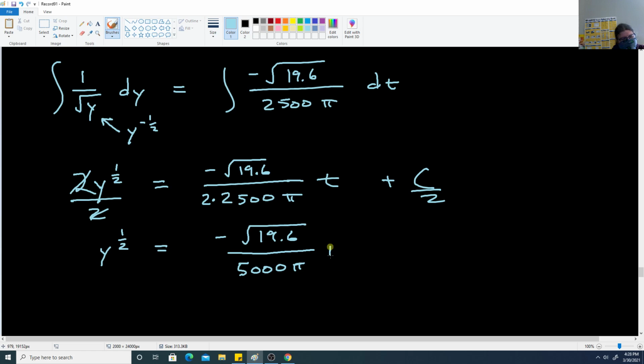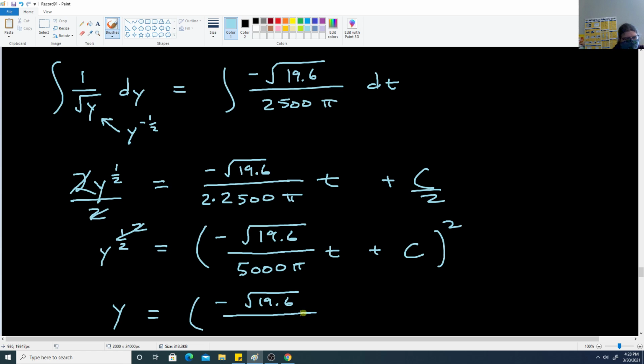We have the t. And the constant divided by 2 is another constant, so we'll still write that as c. We'll square both sides to get rid of the square root over here, and I'll get y equals negative square root of 19.6 divided by 5,000 pi times t plus c squared.